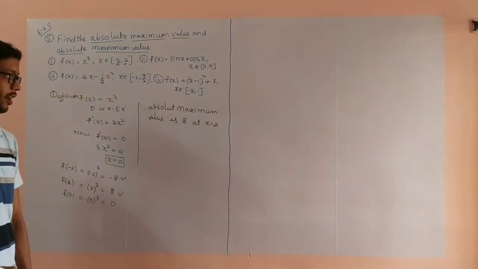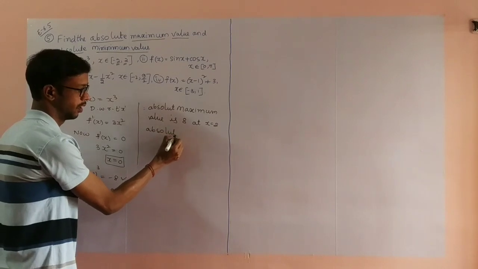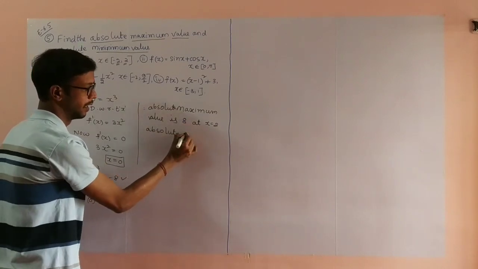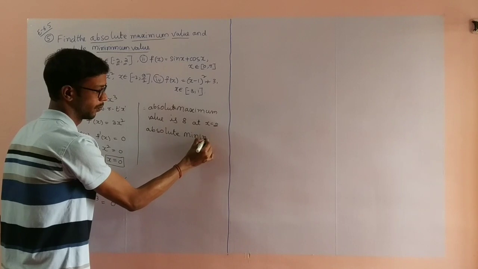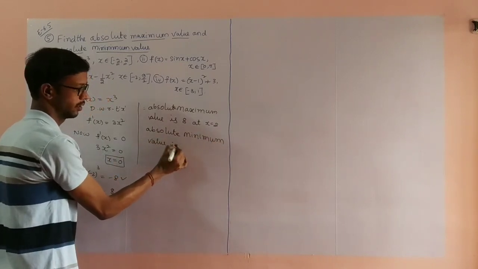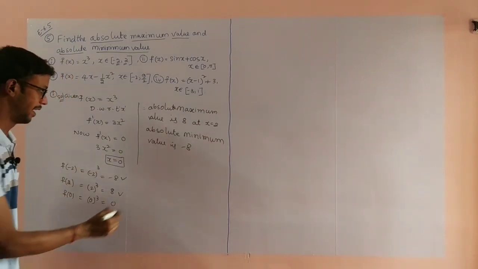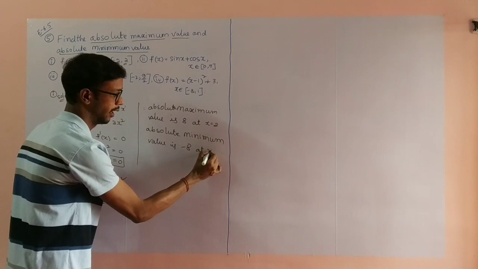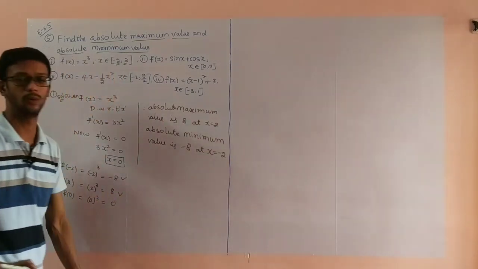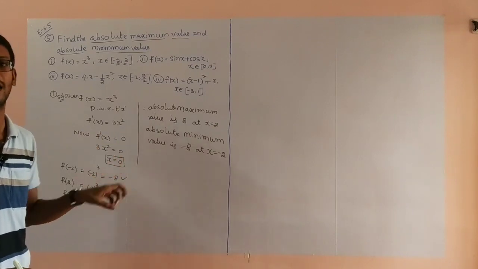The absolute minimum value is minus 8 at x equal to minus 2. So this is how to find the absolute maximum and absolute minimum.